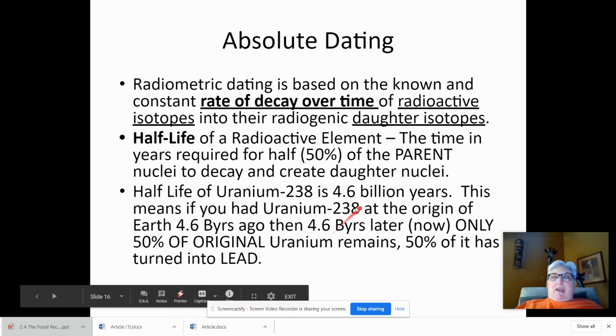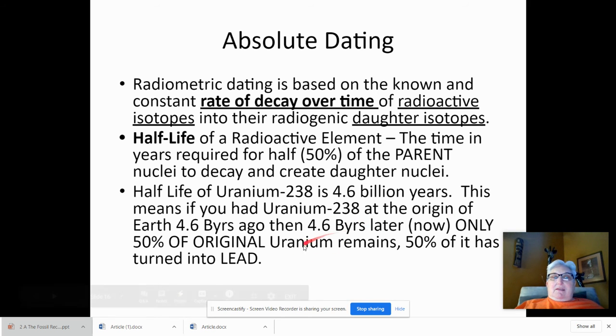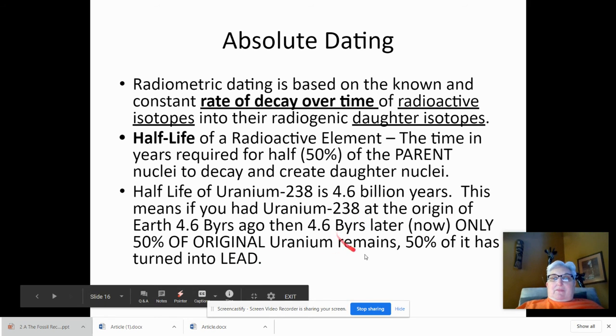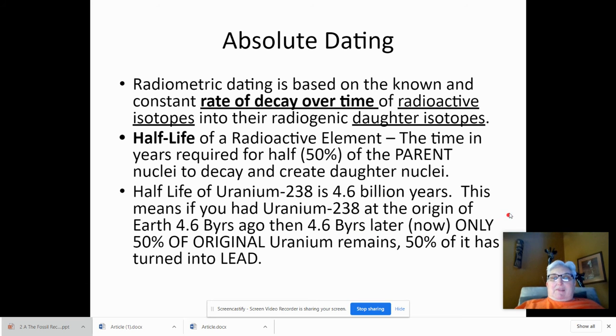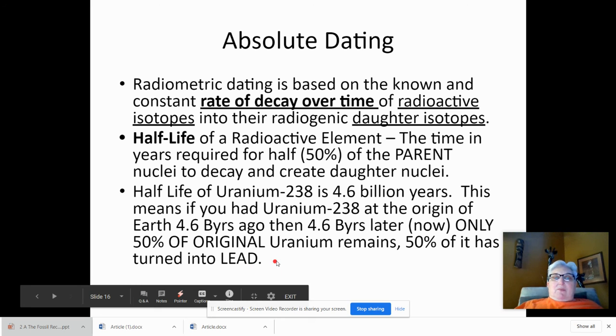So if you had uranium-238, it would take 4.6 billion years for 50% of it to decay away, which means, of course, that the other 50% is still left, and that is what has formed the element lead for us.